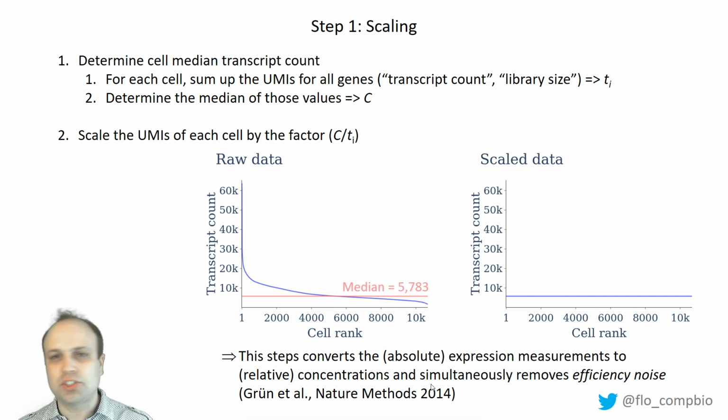We think that's just technical differences, and it sometimes happens randomly, depending on the chemistry and maybe the primers and the barcode of each cell. So by scaling, you're basically getting rid of most of that variation, and that's a good thing. So now we have one less source of noise in our data.